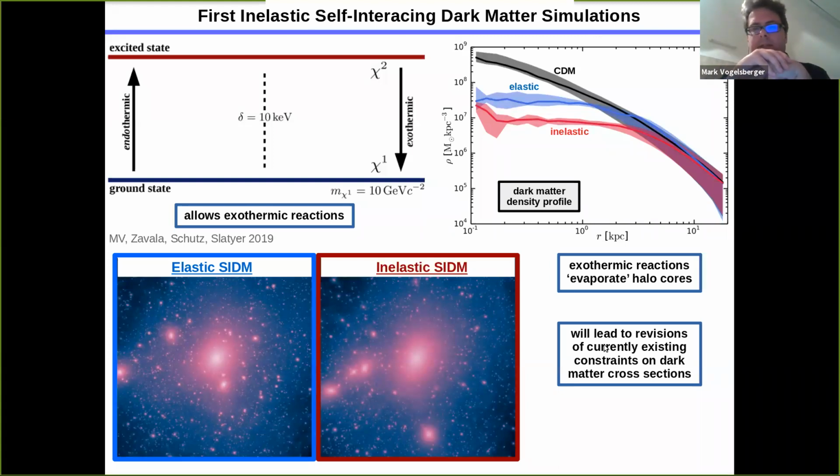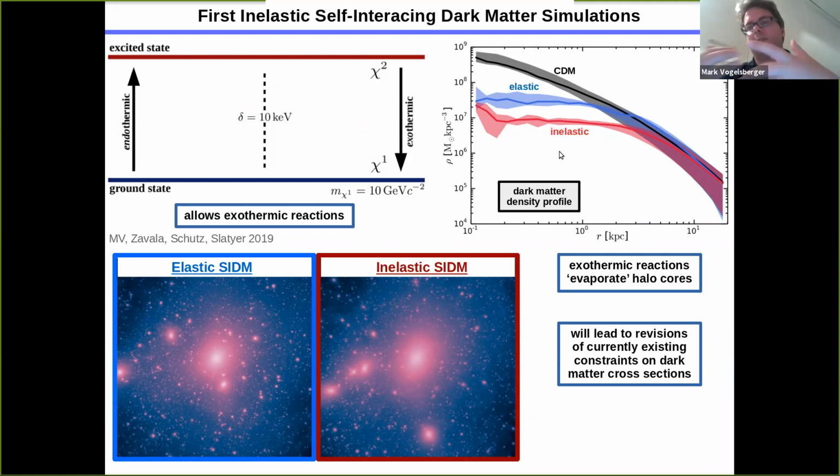You might have heard statements like: to solve the too-big-to-fail problem with SIDM, you need a cross section of that size, or to solve the core-cusp problem with SIDM, you need a cross section of that size, simply because the density suppression and the core radius are correlated with the cross section of the dark matter. Now here, as I said, the elastic and inelastic cases have the same cross section, but nevertheless, I can create a lower density core for the same cross section.